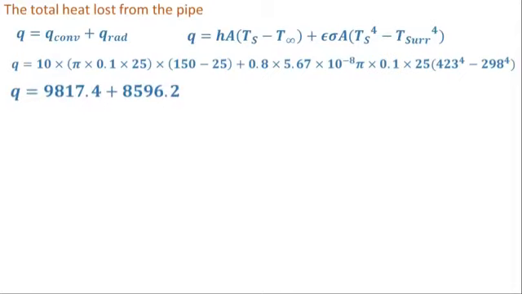So always put the value of temperature in Kelvin scale when you are going to solve radiation heat transfer equation. And convective heat transfer comes out to be 9817 watts, and radiative heat transfer comes out to be 8596 watt. The total heat transfer comes out to be 18,413 watts.